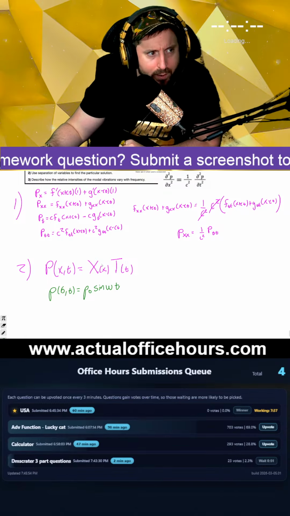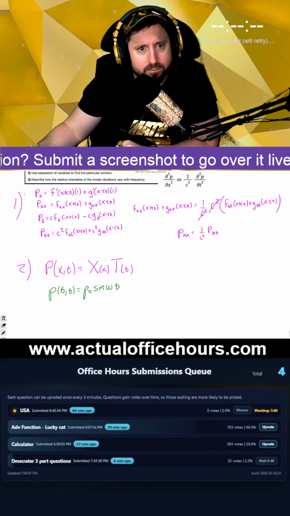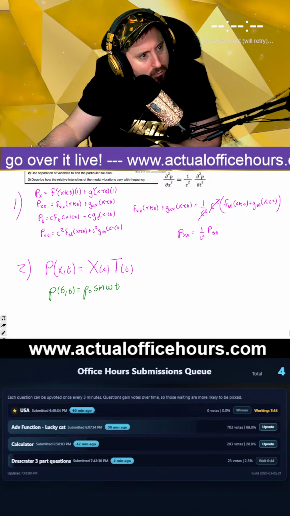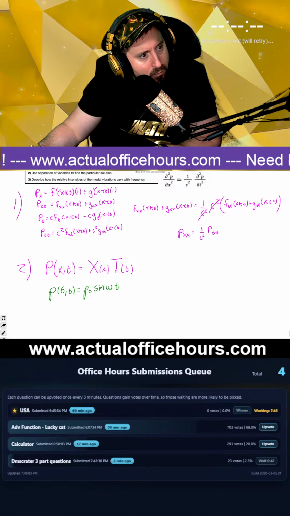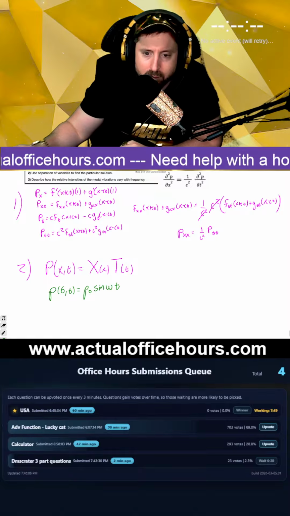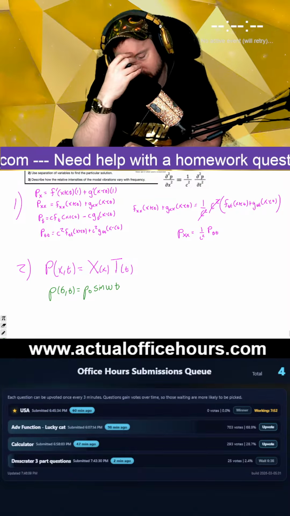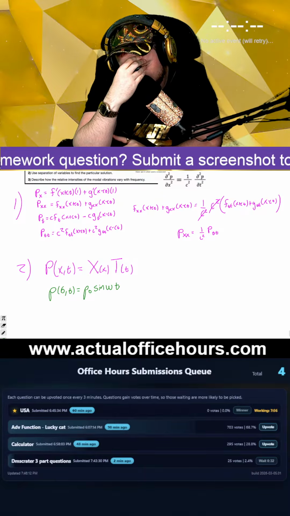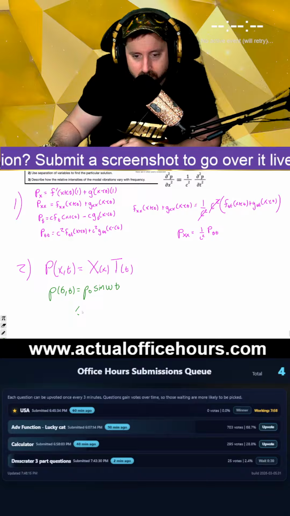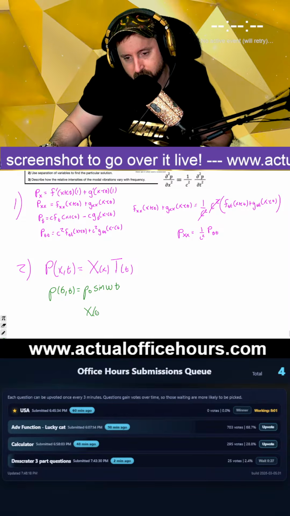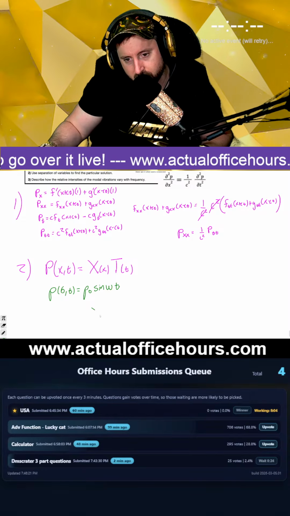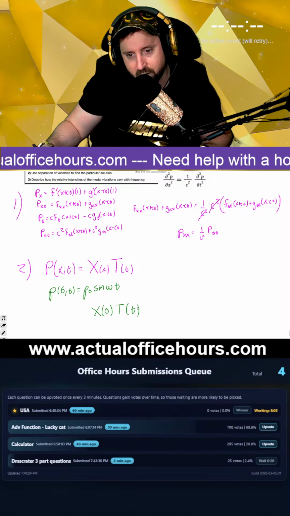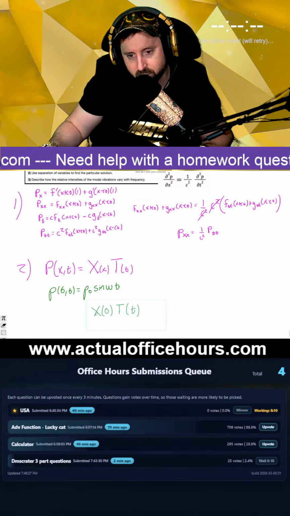Not quite. What that tells you is that your X of 0 multiplied by your T of t is equal to p naught sine of omega t. So X of 0 times T of t is equal to this. Perfect.